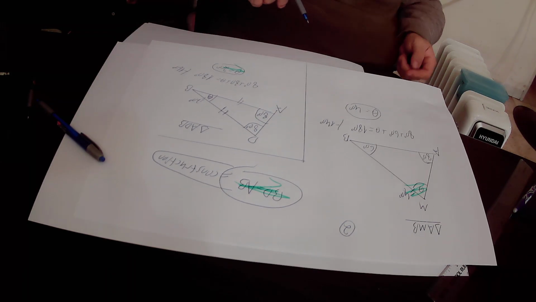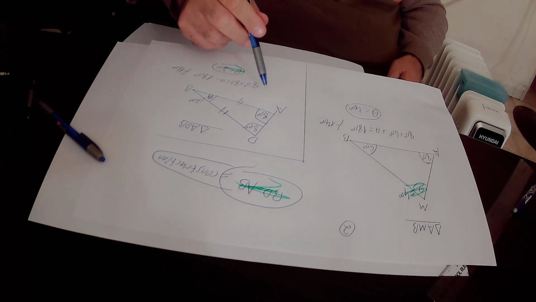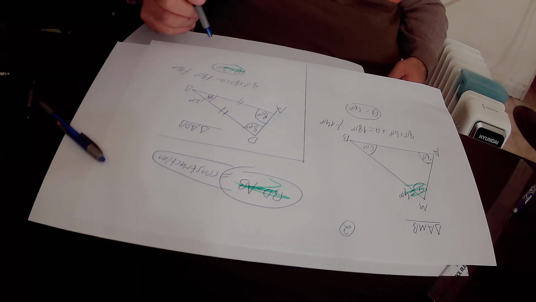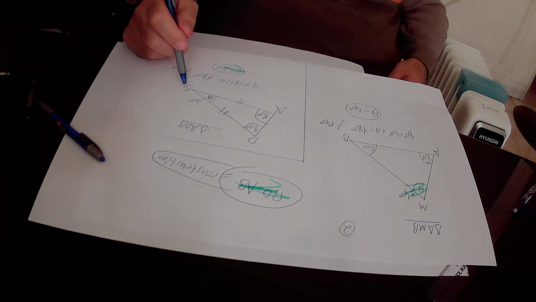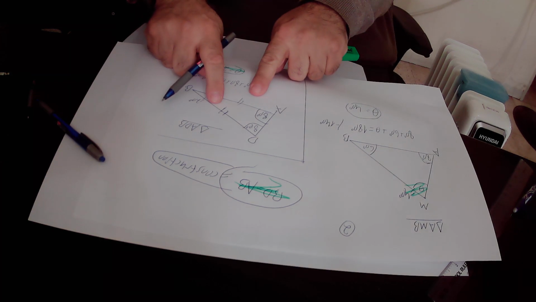First of all, in triangle ADB, side AD equals side DB according to our construction. We built side BD in such a way that it will be equal to AB. So in triangle ADB, we have those two sides that are equal to each other.